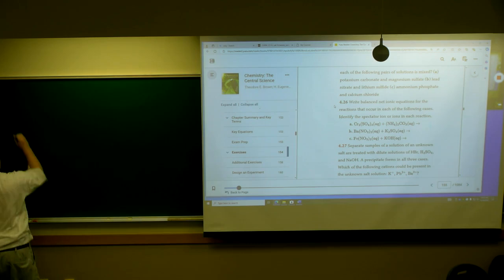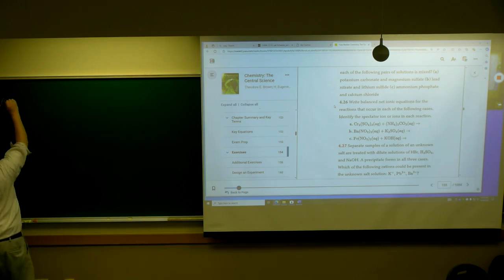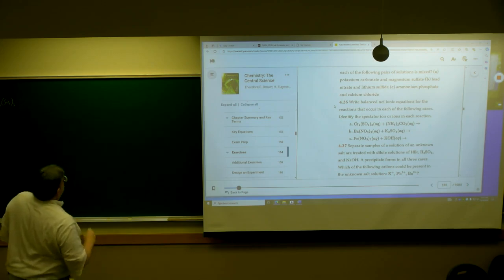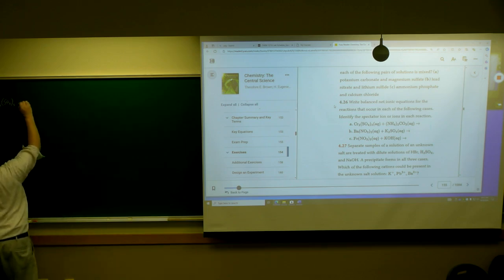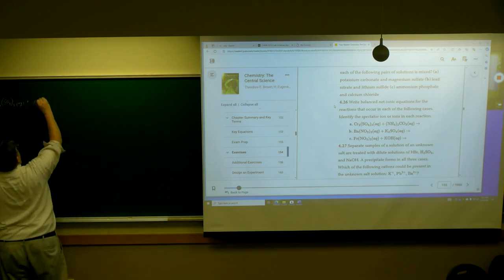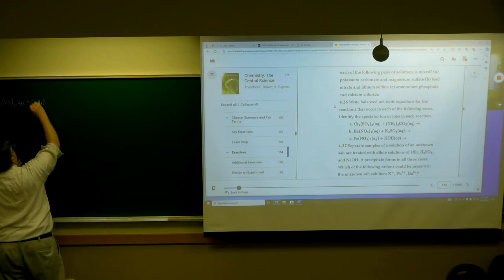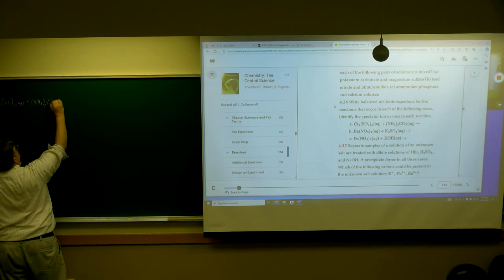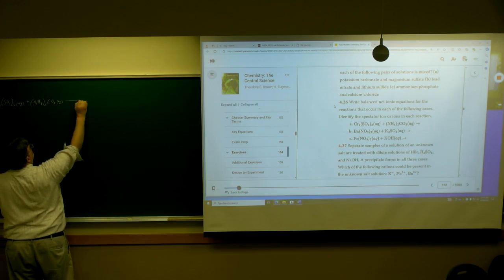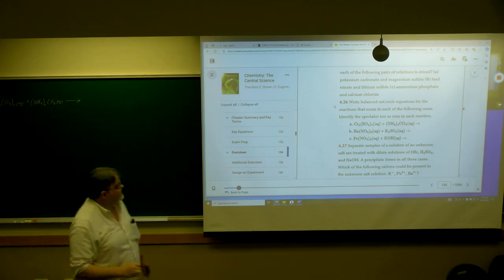Cr2(SO4)3. I should put aqueous here. (NH4)2CO3.